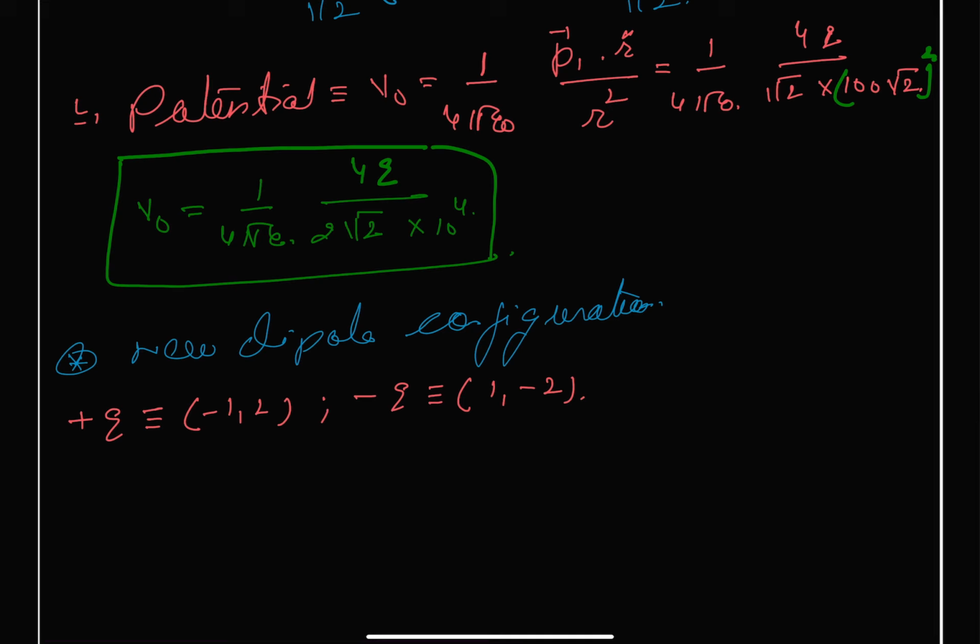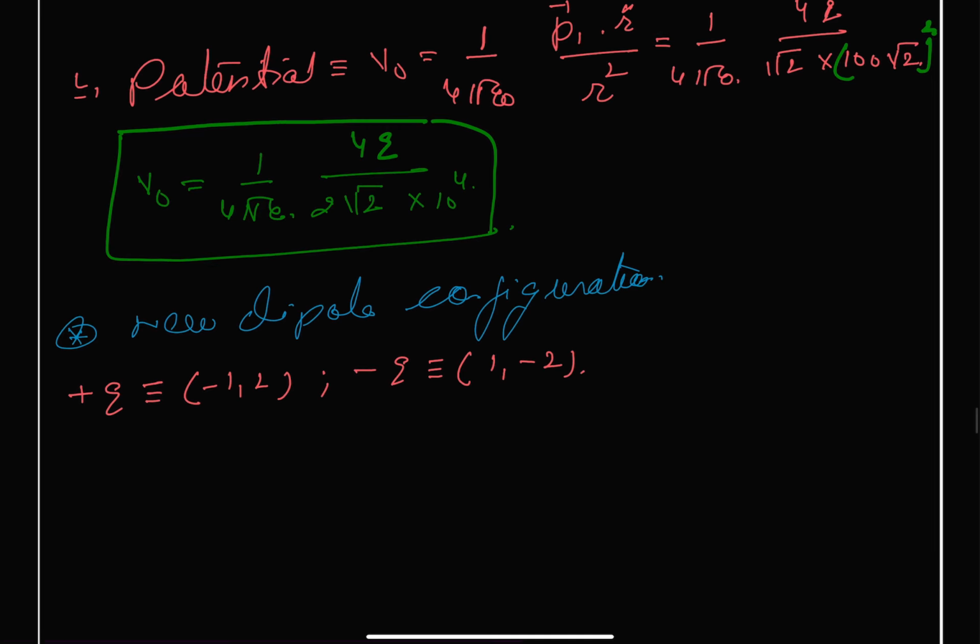Therefore, we can say dipole vector, same calculation, dipole vector d2 will be equal to -1, 2 minus -1, -2, and this gives us -2, 4.